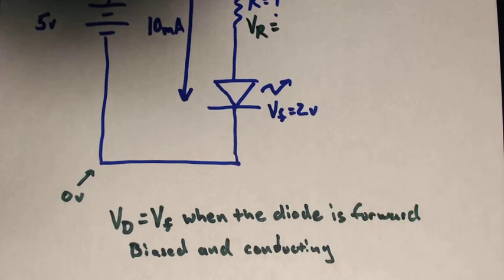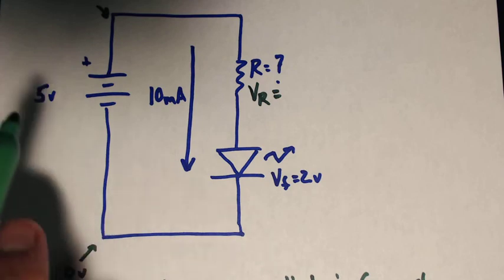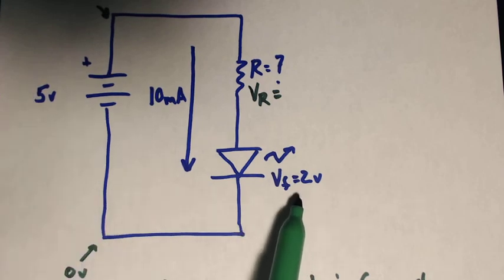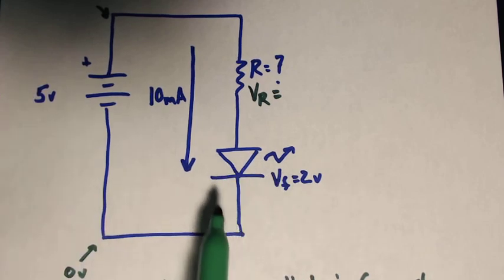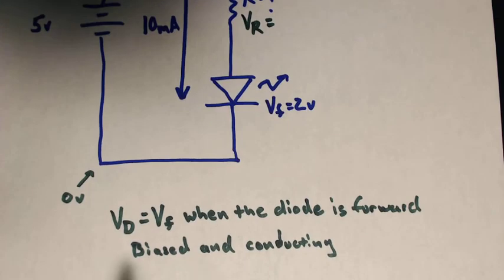I have to say also when it's conducting, because like I said earlier, this supply voltage needs to exceed the forward voltage in order for this diode to be conducting. So this is true when it's forward biased and the diode is conducting.